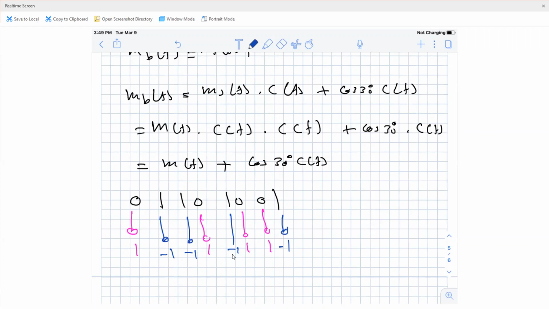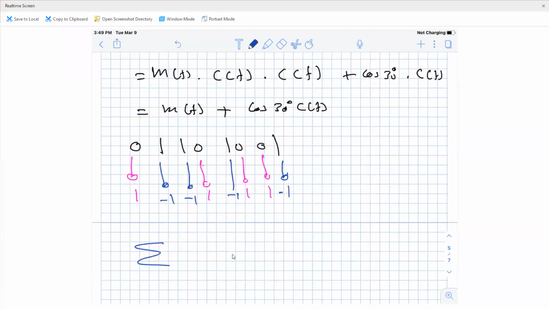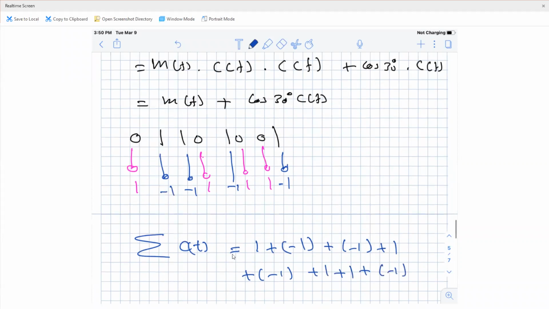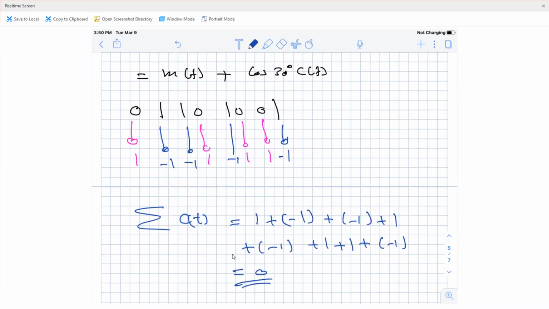Now, if we perform the summation of areas, 1 minus 1 is 0, minus 1 plus 1 is 0. In this way, the summation of C of T will be 1 plus minus 1, plus minus 1, plus 1, plus minus 1, plus 1, plus 1, plus minus 1, and the answer will be 0.